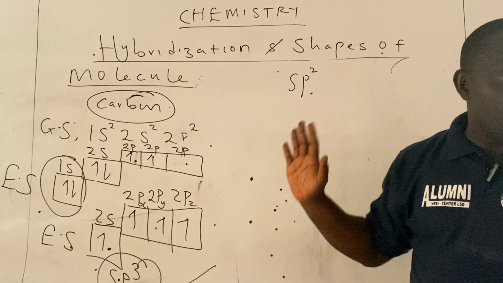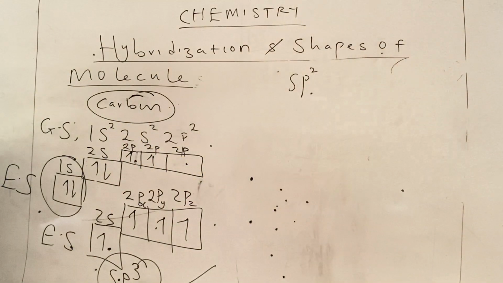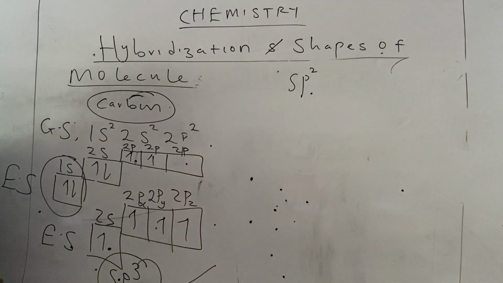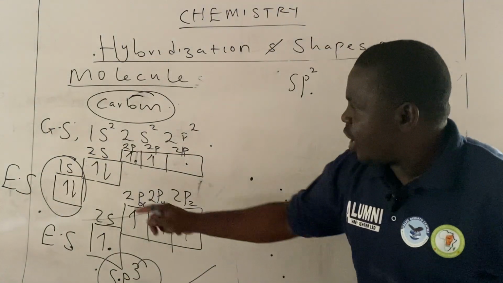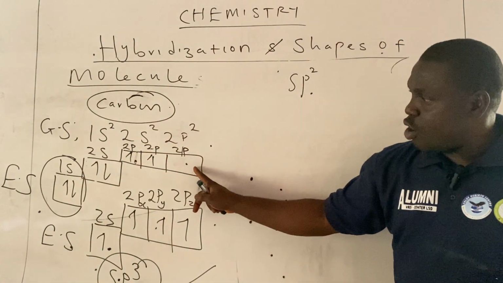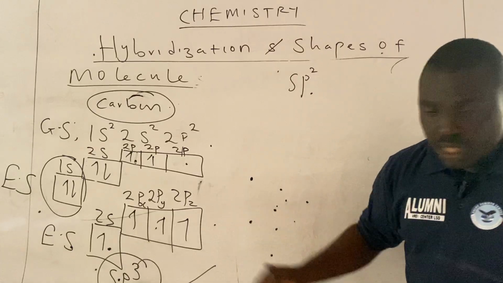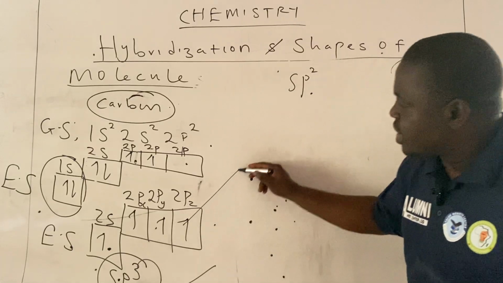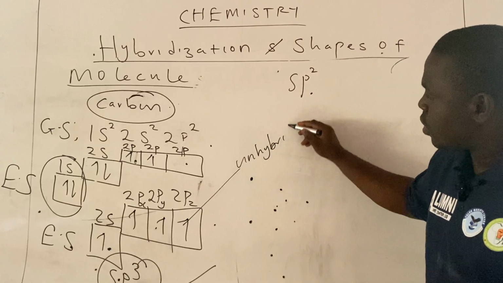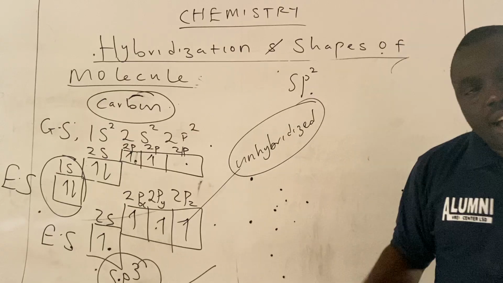But this is the only thing that happened in sp2. During the sp2, please listen. The hybridization here, what happened is that, please look here. When this one leaves and comes to 2pz, this 2pz becomes unhybridized. Write it like that.